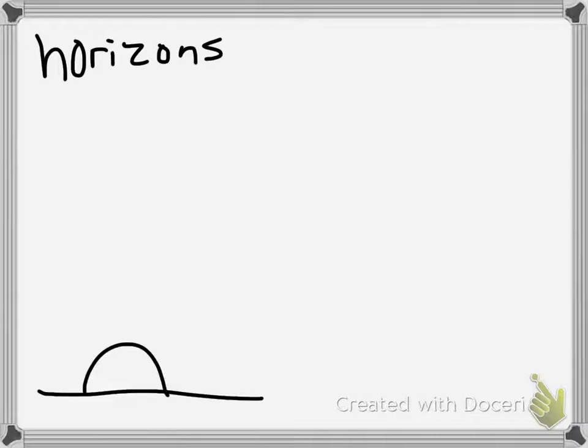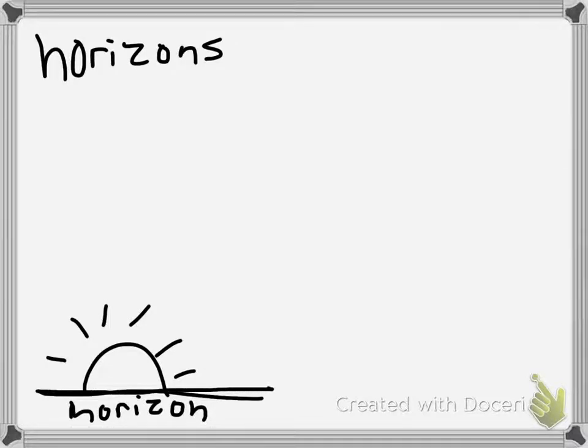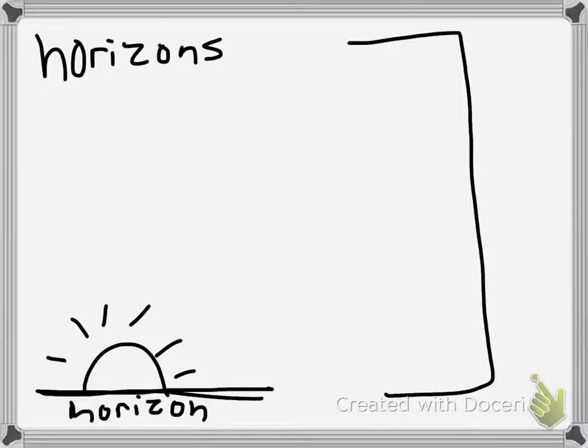Alright, so there are a bunch of different layers in soil, and those layers are called horizons. Think like the sun setting on the horizon. It's horizontal. It's a straight line. So horizons of soil, there's several different layers.